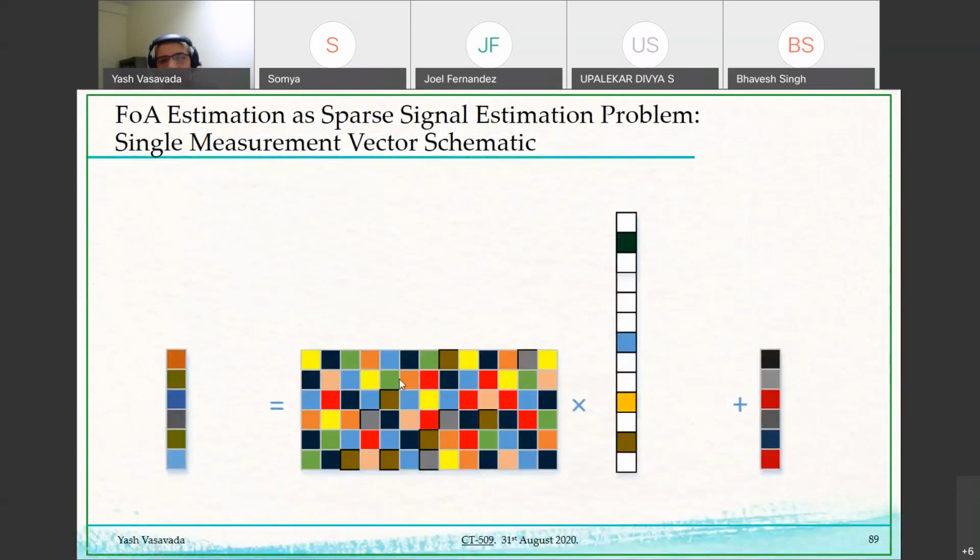This is the graphical way of stating the problem, where we are assuming right now that I have only one measurement vector. So I'm forming only one data vector X, and that X is represented by this column vector.